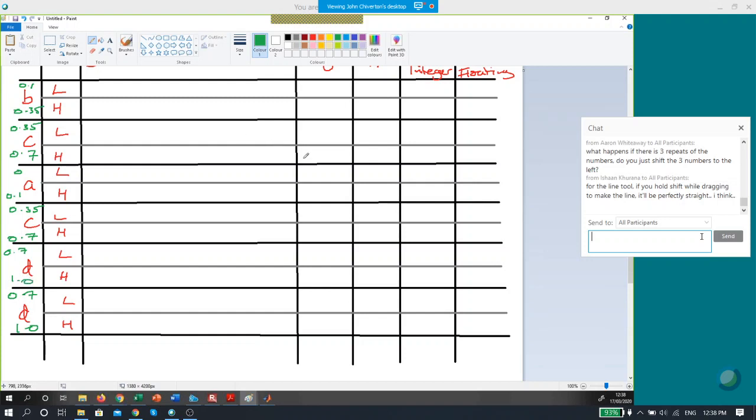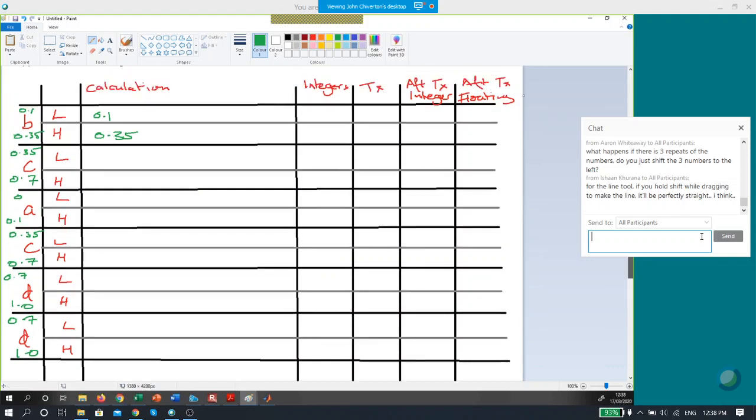Okay, right, so for B, it's just the same as before, isn't it? For the actual calculation, it's a sub-range 0.1 up to 0.35. Very simple. In terms of the integers, we're multiplying by 10,000, so that gives us 1,000 and 3,005.